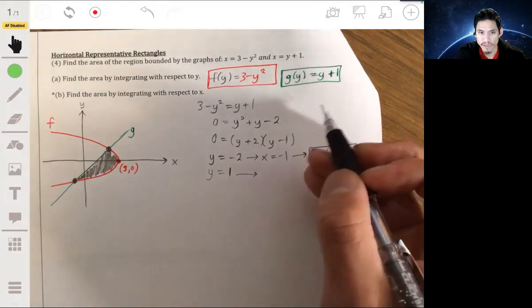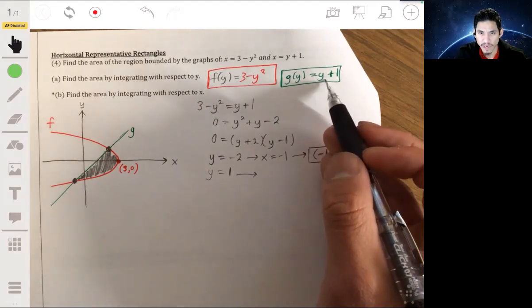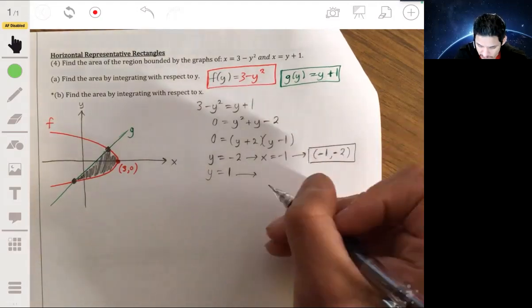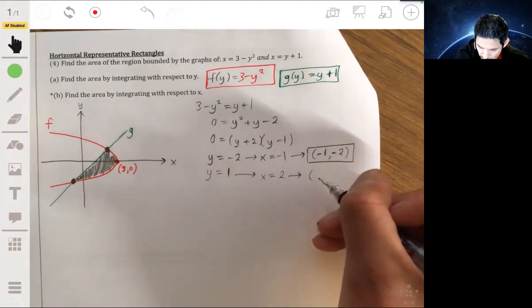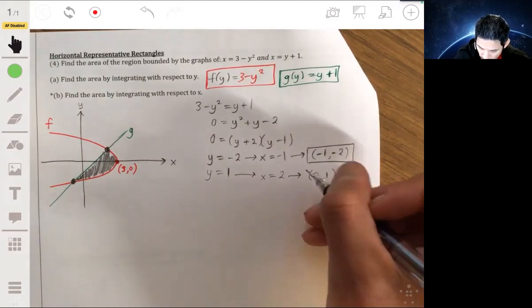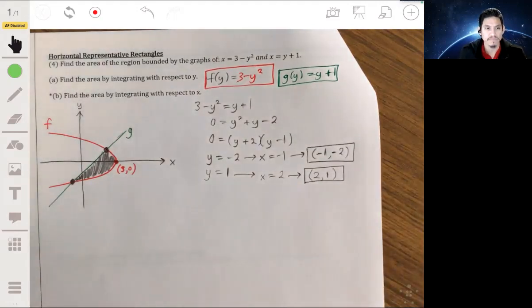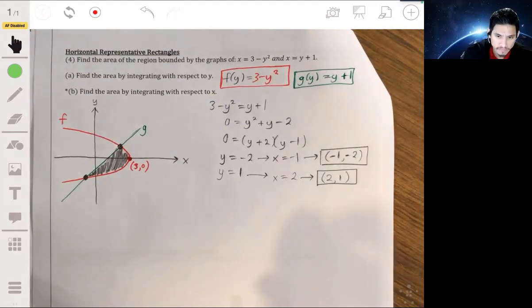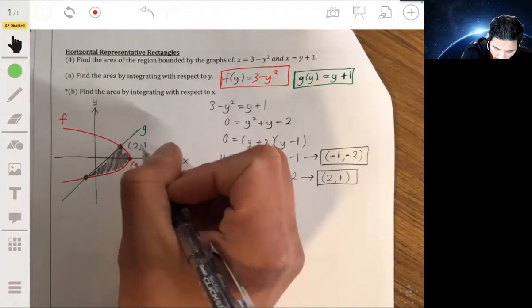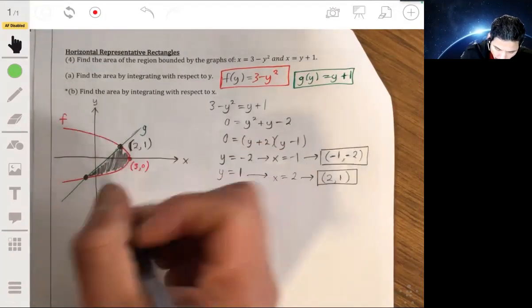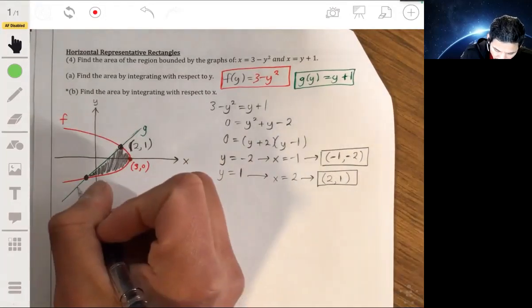Plug y equals 1 for the other point. We'll get 1 plus 1, so x is 2. So the coordinates of the other point will be 2, 1. And so this would be the 2, 1, and then this will be the -1, -2.